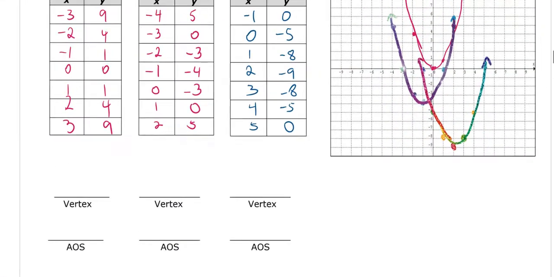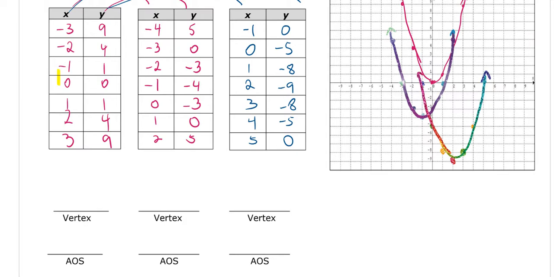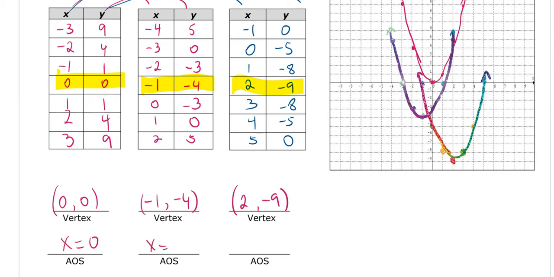Okay, so again, the vertex 0, 0 for the first base graph, transform to negative 1 and negative 4 for the second graph, and 2 and negative 9 for the third. And you can notice something about the vertex. Let's write the axis of symmetries. So negative 1 for this one and 2 for the second one.